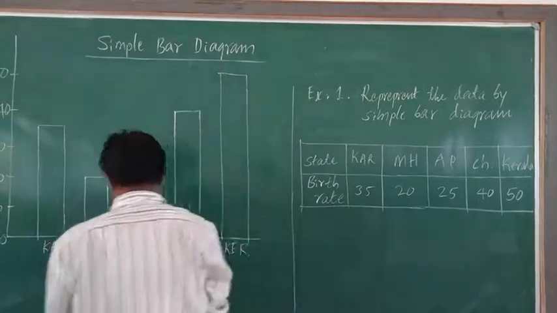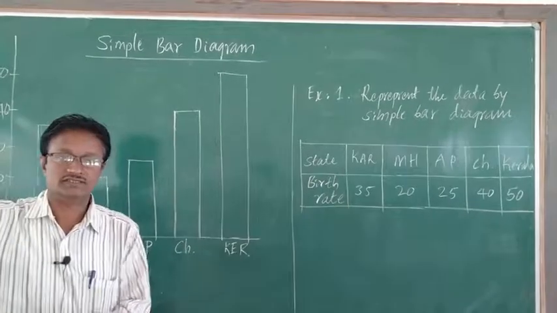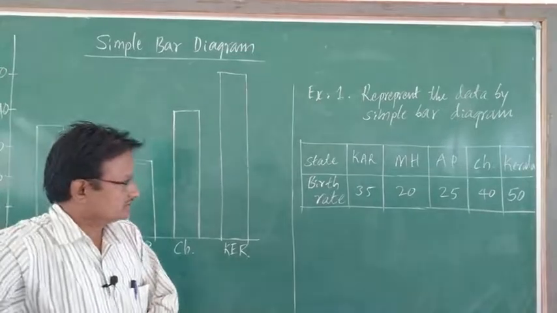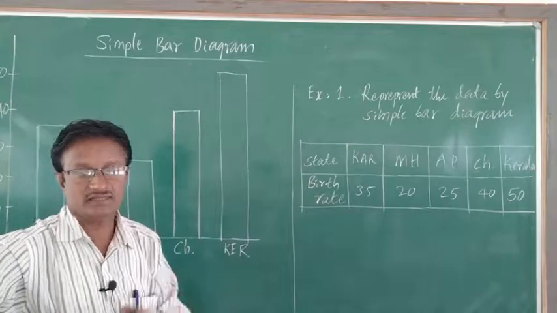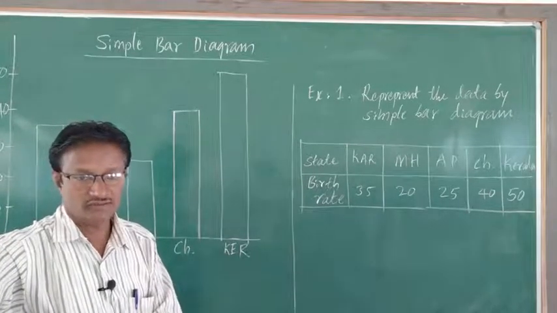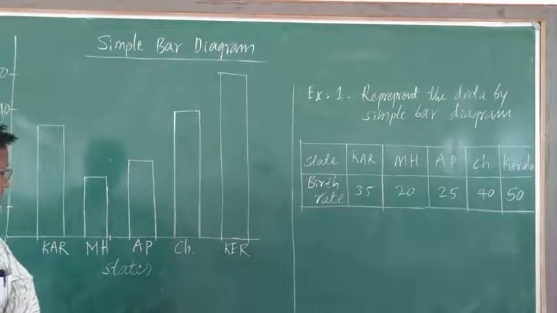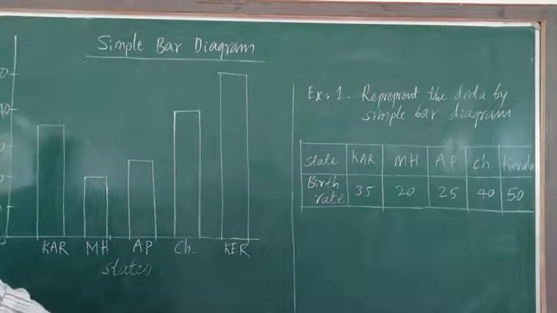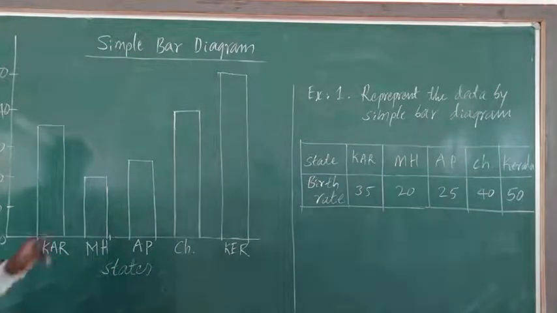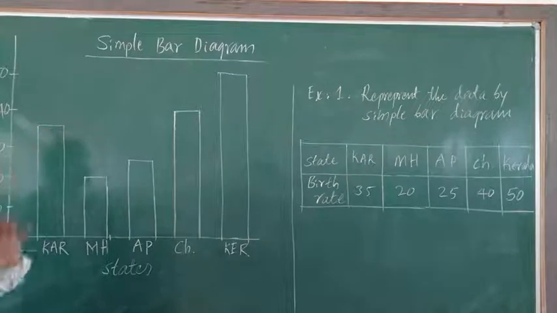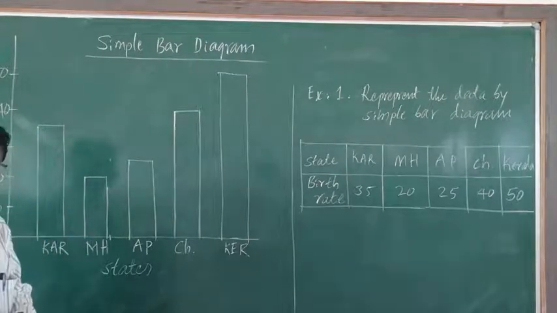So simple bar diagram is used to represent the data which involves a single characteristic and to know the comparison. So the bars should be of equal width and the distance between the two bars should be the same and the height of the bar should be proportional to the magnitude of the data.